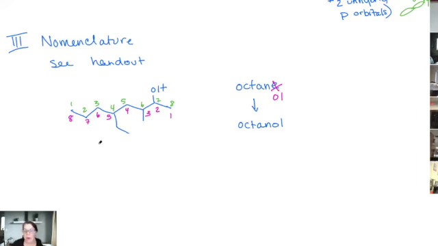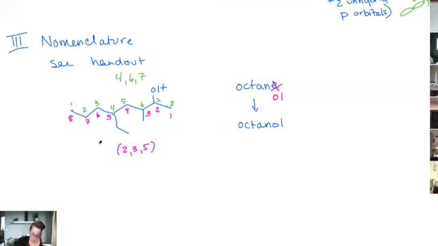Let's see what number combination would be the lowest. If we use the green numbering combination, we would have something attached at 4, something attached at 6, and something attached at 7. Do you see how I got that? Yeah? If I use the pink numbering, I have something attached at 2, 3, and 5.